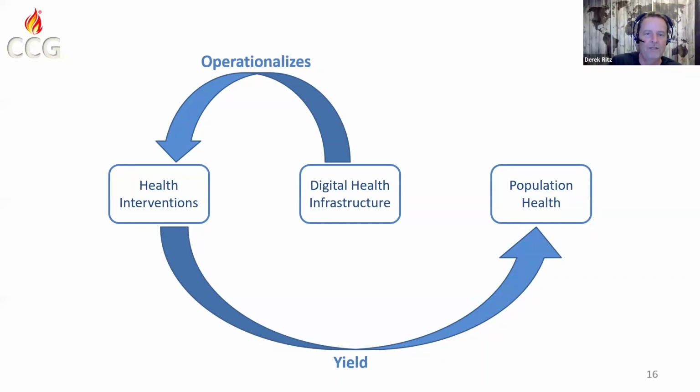I think digital health is an industrial engineering intervention. Digital health's role is to help us be better at the health interventions, to help us be more consistent in applying those health interventions, to help address equity challenges in the application of those health interventions. So digital health actually is an industrial engineering intervention.